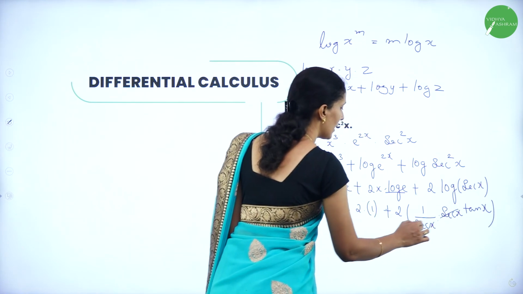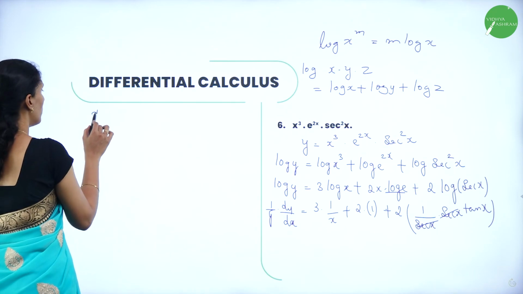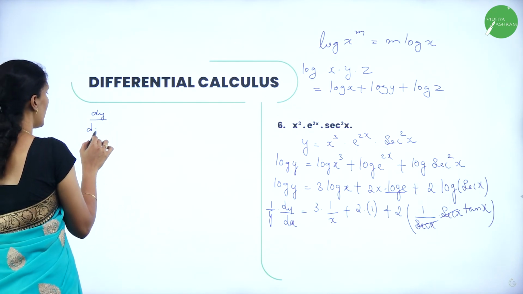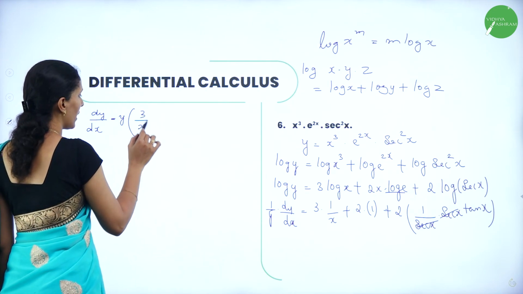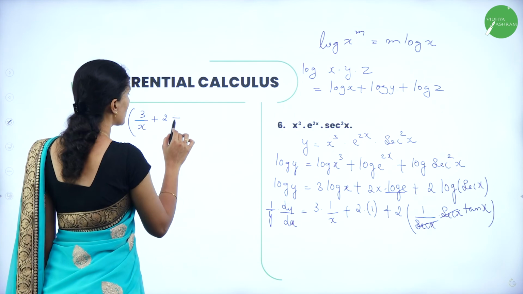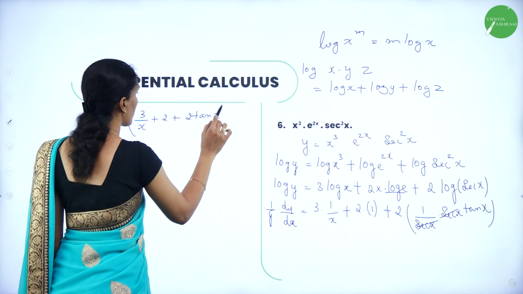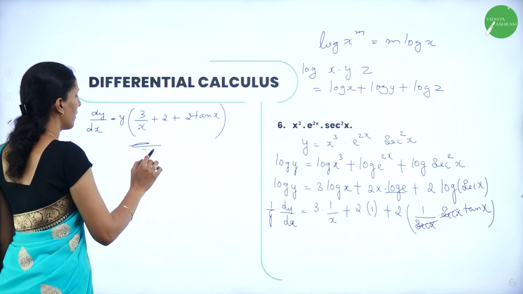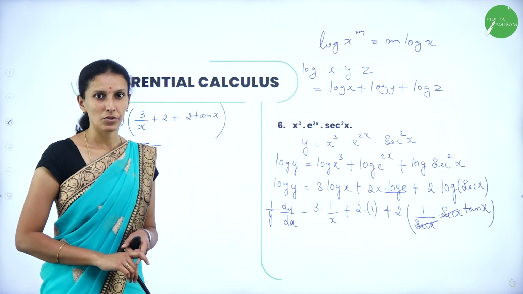So here secant and secant get cancelled. You can shift y there. So therefore dy by dx is equal to y into 3 divided by x plus 2 plus 2 into tan x. So where y can be replaced as x cube e power 2x and secant square x.